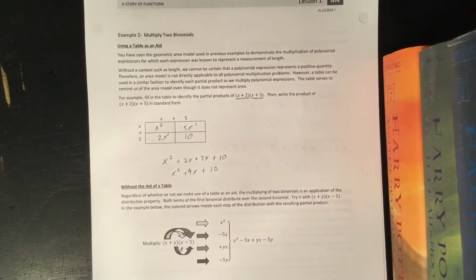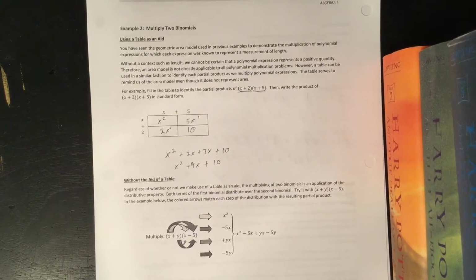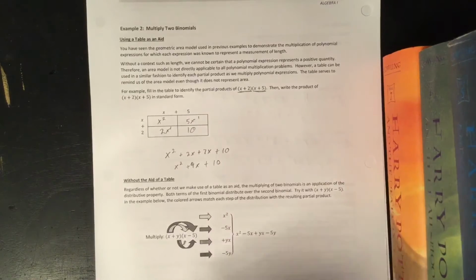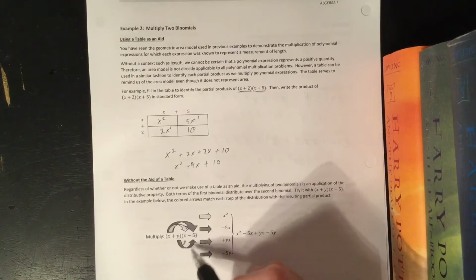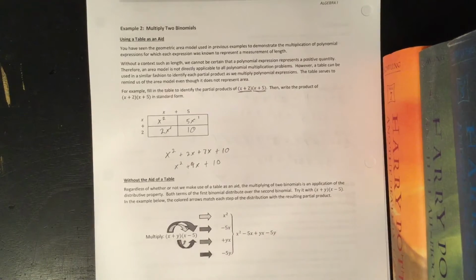The other way is without the table. This way, you're using your distributive property. So you're distributing x into each one of those, and then you're going to distribute y into each one of them. This is a little bit quicker, a little easier, I think, to do it on the fly, but either way is fine.